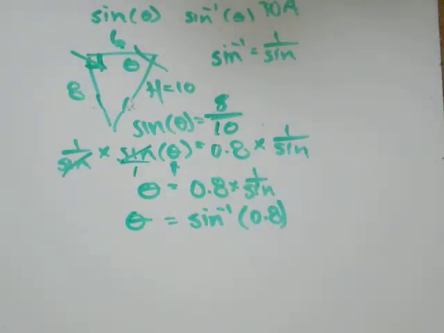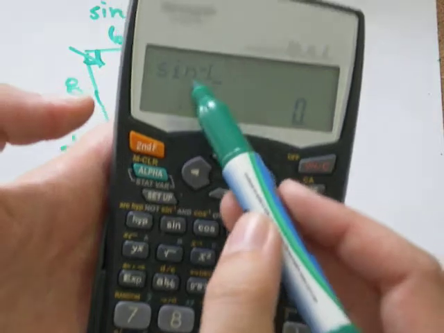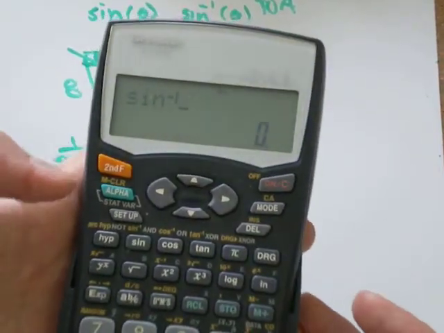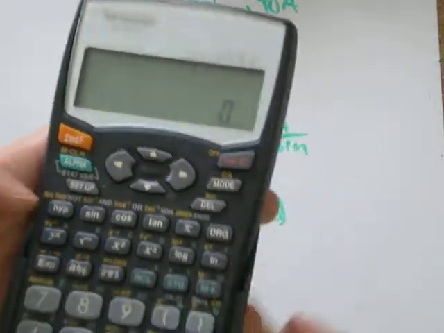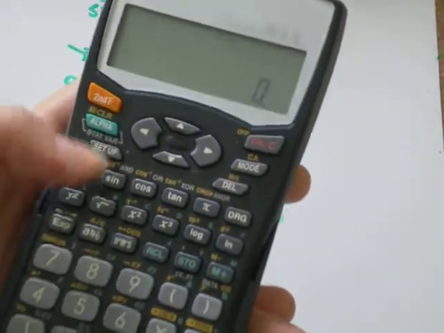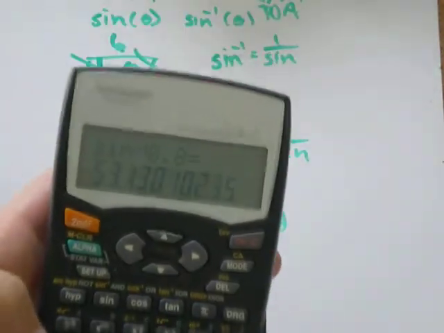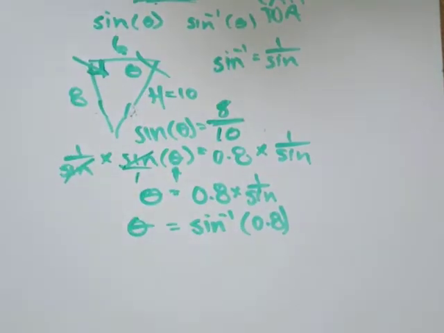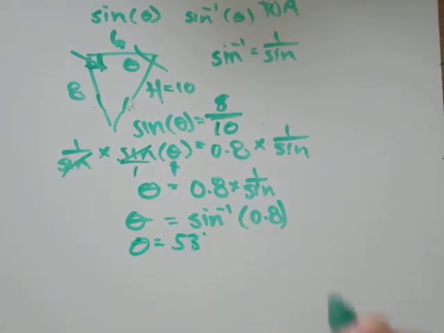On my calculator, I will go second function sine, and I'll get my -1 up there, and then 0.8, and I got an error, that's nice. Second function sine 0.8 equals, I get 53.1, so let's say that equals 53 degrees.